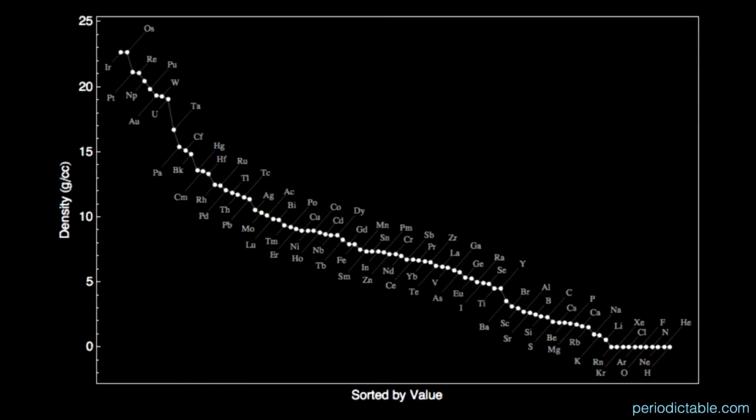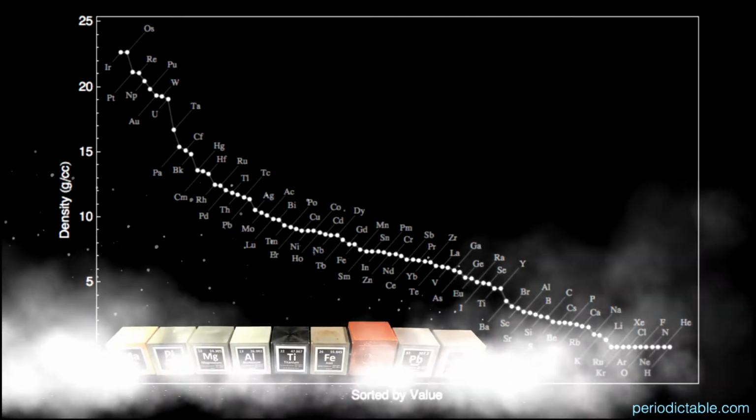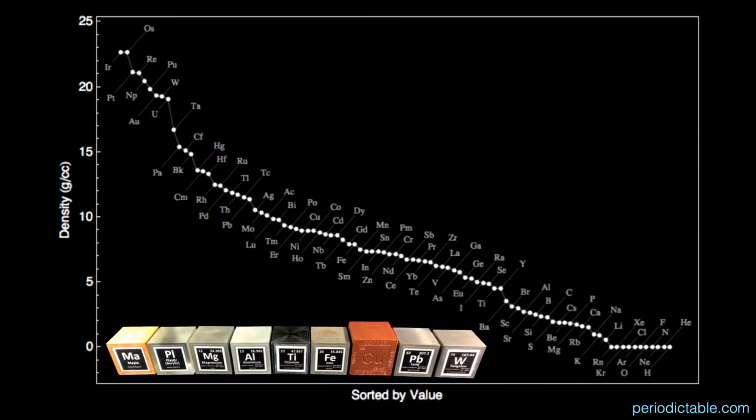Here is a graph of the elements from highest density on the left to lowest density on the right. When we do this talk at the Exploratorium, we have a set of blocks so you can feel the effects of density yourself, but we'll have to wait to do this until we're back in the museum.